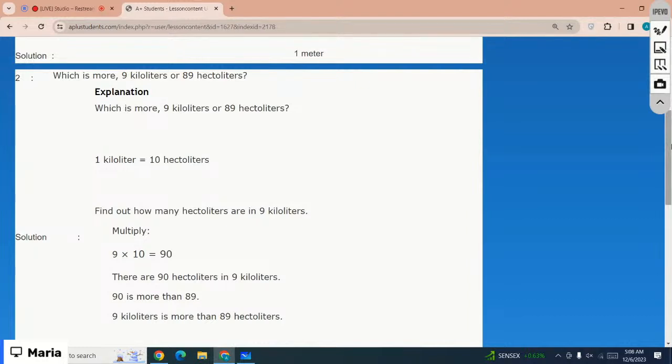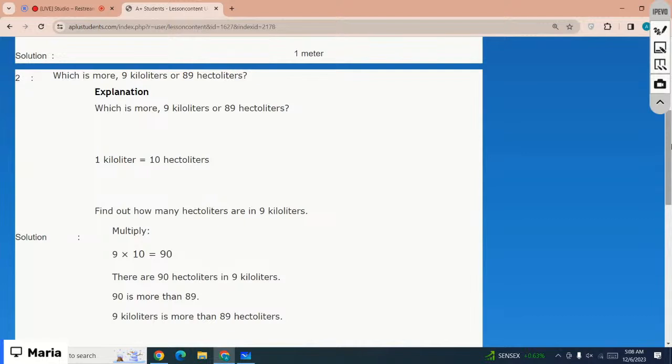So 9 times 10 is 90 hectoliters. So 90 and 89, they both are in hectoliters. You can compare them now. 90 is more than 89, so 9 kiloliters is more than 89 hectoliters. The correct option is 9 kiloliters.